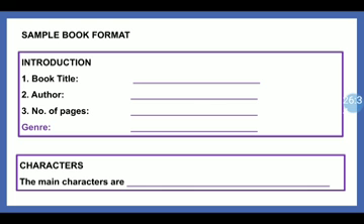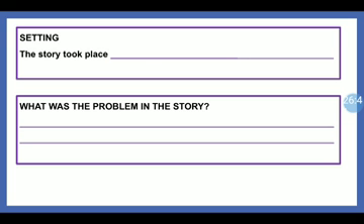You state the characters or the main characters. You state the setting of the story. And if you notice, for those that begin with a question, because when you're writing your book report, you write it in sentences.